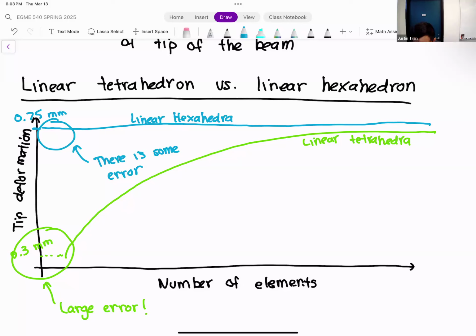And what's further interesting is that I drew these graphs on purpose. Even if you look at the region here where both graphs look like they converge, there's still a little bit of error between the graph of the linear tets and the linear hexes.